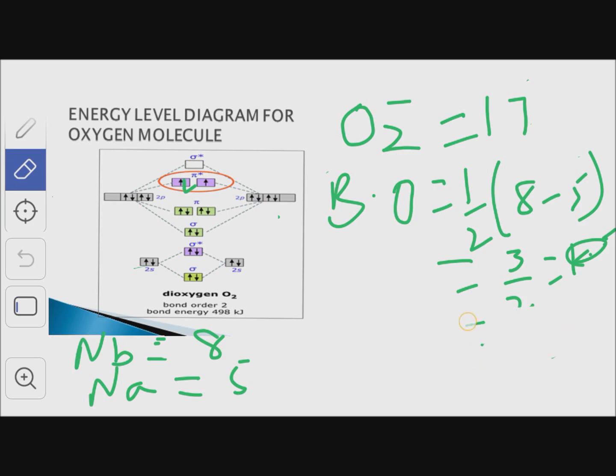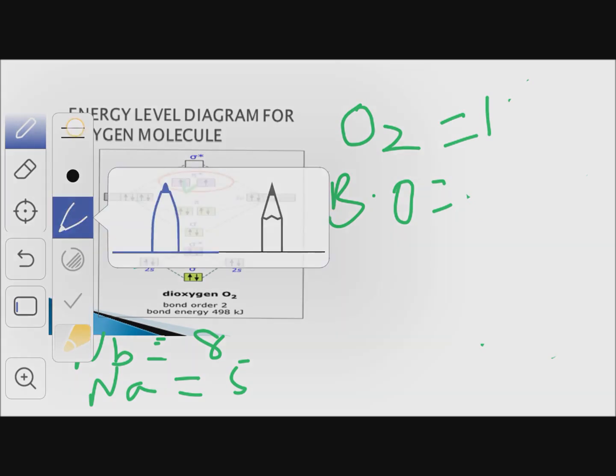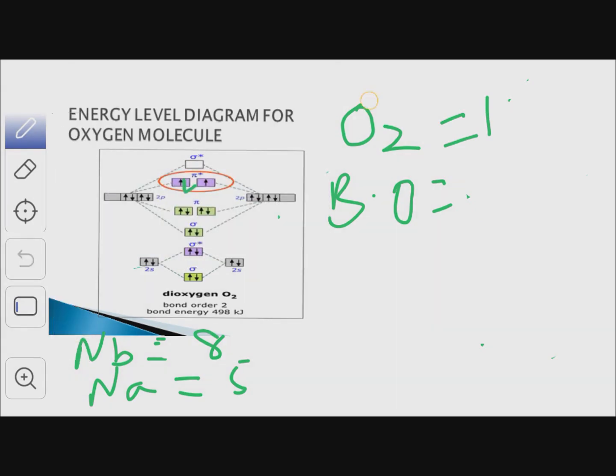And in the case of O2 positive, it means it loses one electron. The oxygen molecule loses one electron, and here the number of electrons in O2 positive is 15.